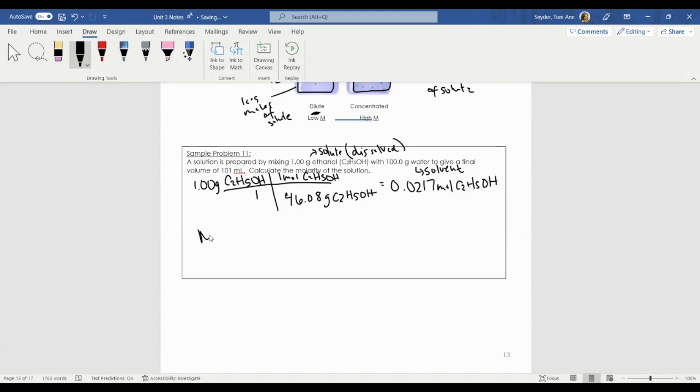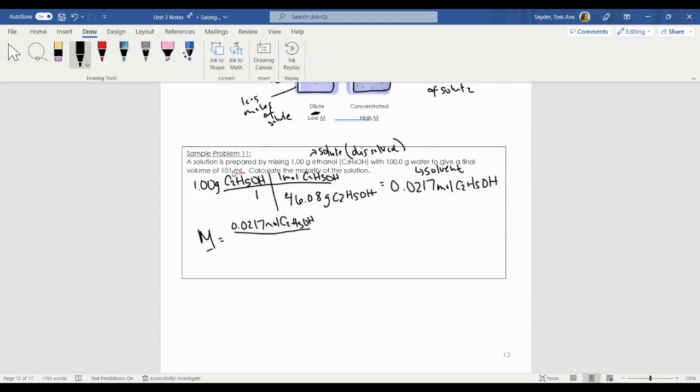Molarity, what I'm trying to find, is equal to how many moles of solute are in liters of solution, the whole solution. So we want to know, what is the volume of this whole entire system? We know already that this right here has a volume of 101 milliliters. So this is going to be the volume of the solution.